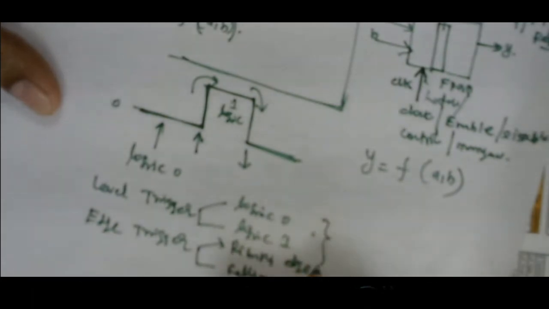So that means your sequential circuits can respond to any kind of these inputs. Maybe level trigger or the edge trigger. If your circuit is working for the level trigger, that is what we call the latch based memory. And if the circuit is working for the edge trigger, that is called a flip flop based memory.